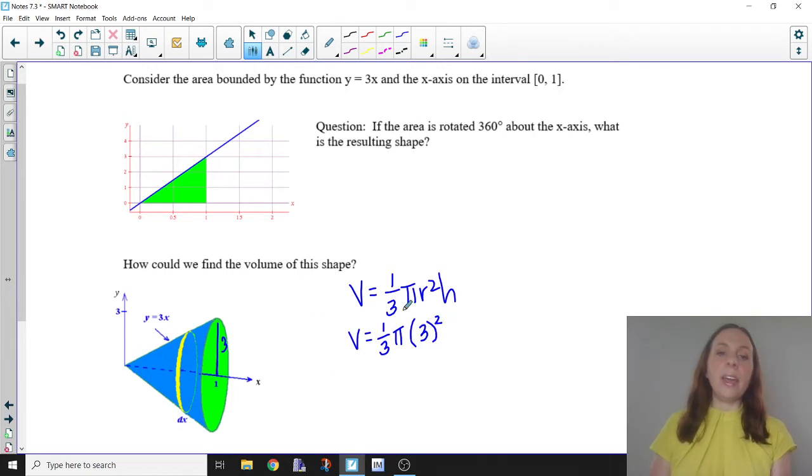And the height is how far you're going along the x-axis. This is your height. The x-axis is going from the base all the way through to the vertex of the cone. And that's actually just 1 in this case, right? We were just going from 0 to 1. And simplifying there, we get an answer of 3 pi.